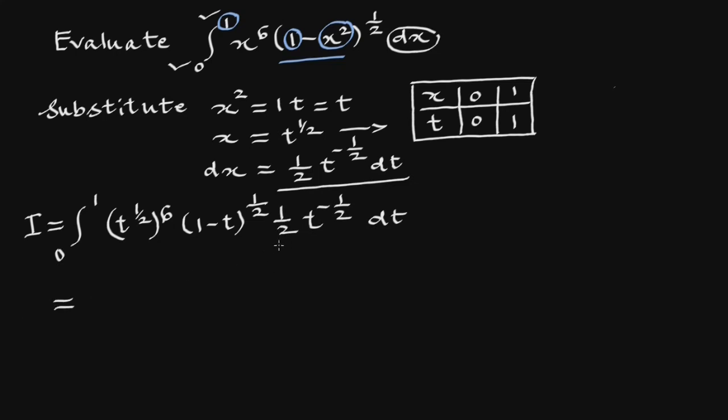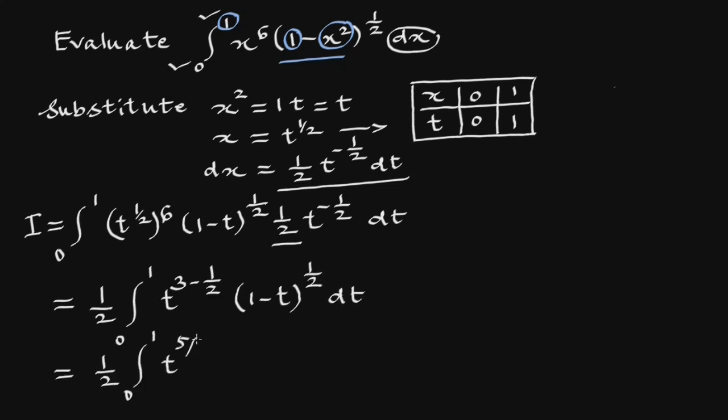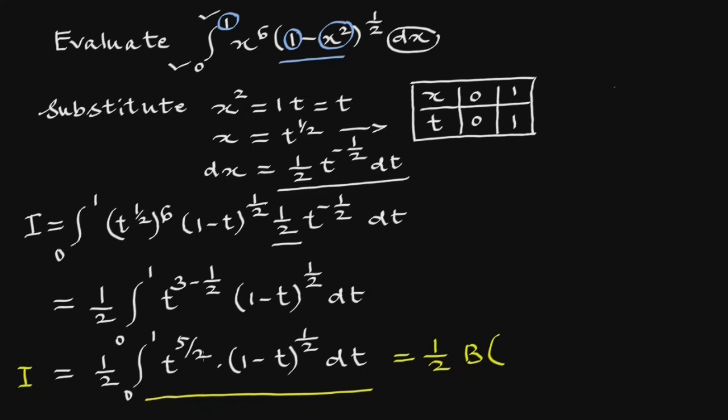This will be half t cube minus half, 1 minus t raised to half dt, which is t raised to 5 by 2. Now this is a beta function, so the integral will be half beta of 5 upon 2 plus 1, 7 upon 2, 1 upon 2 plus 1, 3 upon 2.